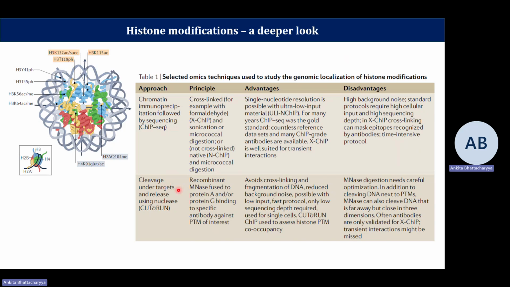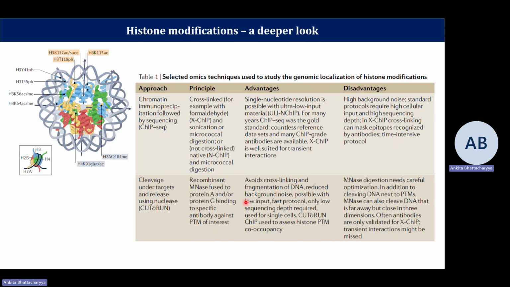Second, you can go for CUT&RUN, which is cleavage under targets and release using nuclease, where recombinant MNase is fused to protein A and/or protein G, binding to specific antibodies against a post-translational modification of your interest. I'll come into more details about this.